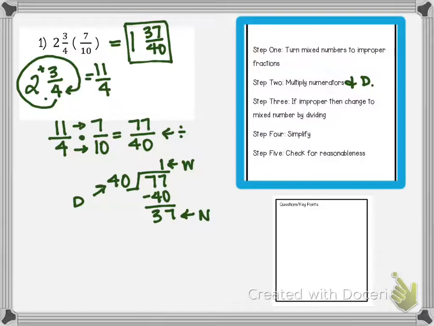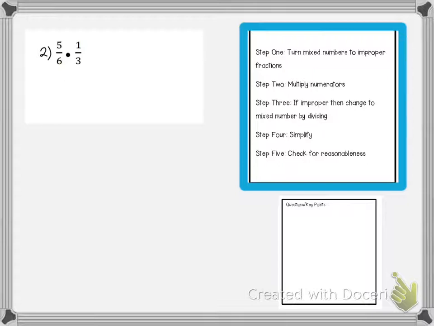Next one. Here we notice that we do not have any mixed numbers, so we do not have to change anything to improper fractions. We just solve like normal.